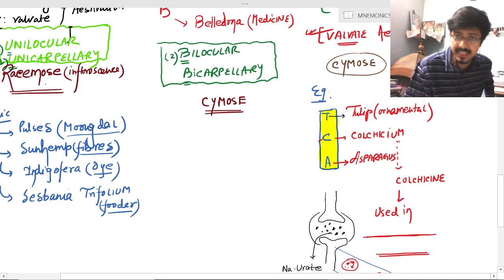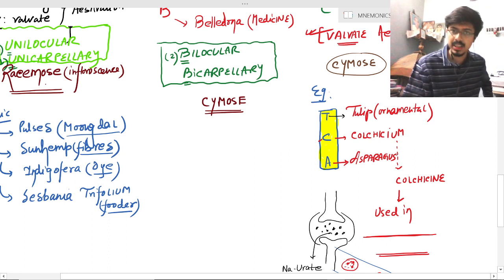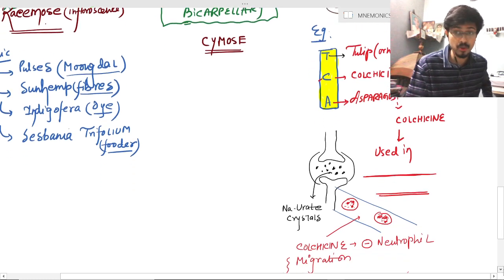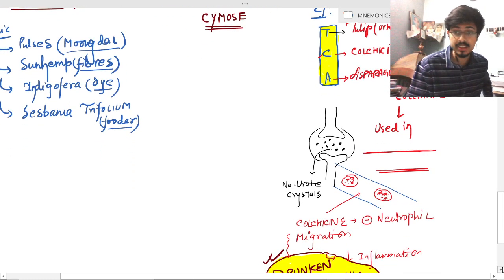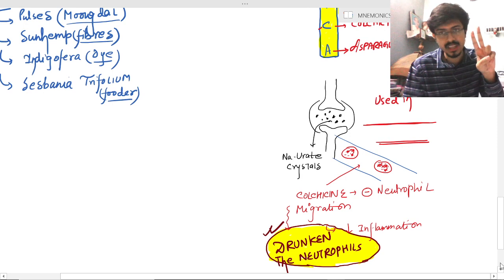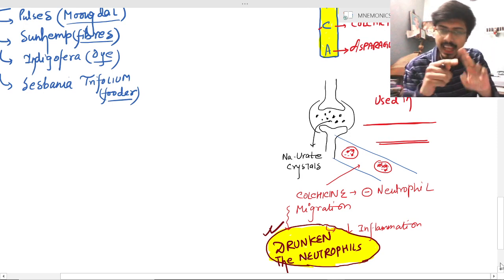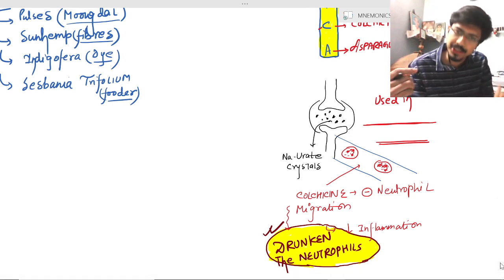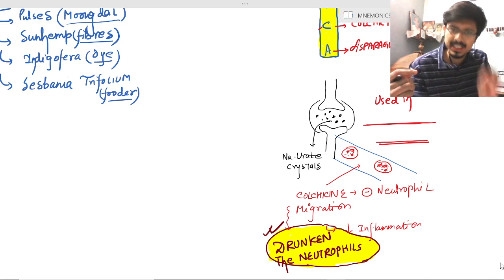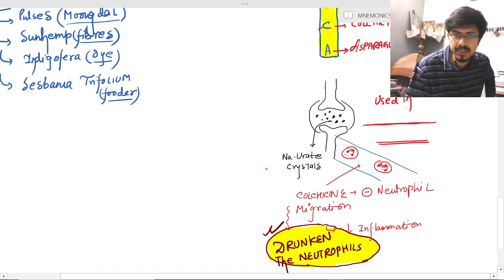Second is colchicum. From colchicum we get colchicine, which is a very good drug for acute gout. There are two types of gouty arthritis, acute gout and chronic gout. Colchicine is used in acute gout because sodium urate crystals are deposited in the joint space and trigger inflammation.